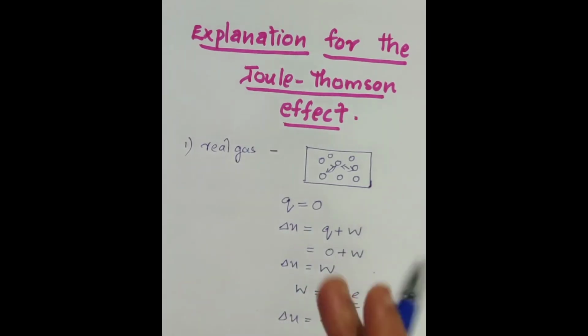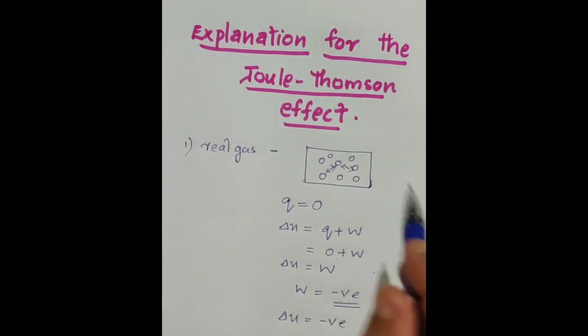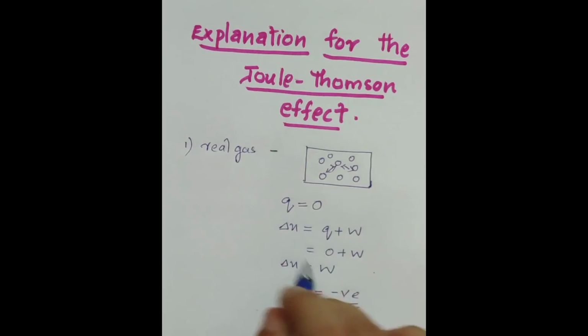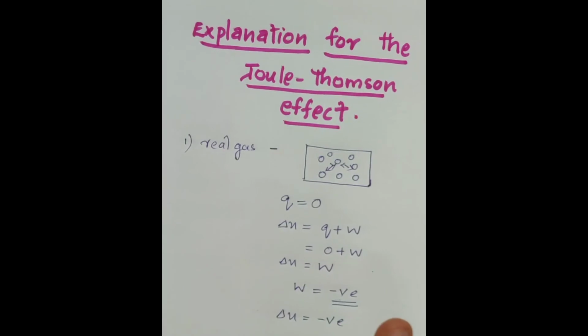As a result, the temperature of the system falls. The temperature is decreasing, which means a cooling effect is generated. For a real gas, this cooling effect is called the Joule-Thomson effect. This is the explanation in the case of a real gas.